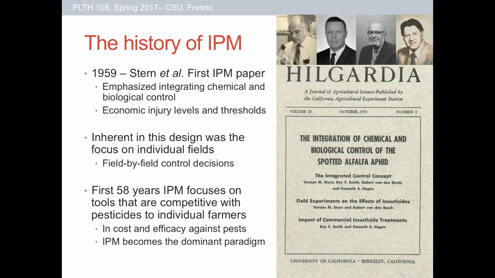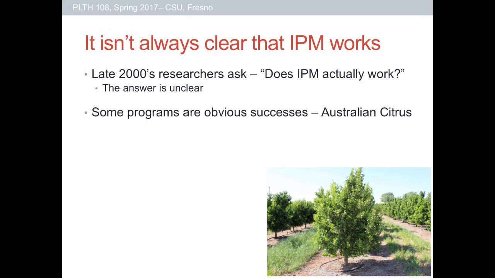This has really been the focus of IPM ever since this publication came out: how can we provide well-established, balanced pest control programs that are on par with chemical sprays, that have the same sort of cost and efficacy against pests as chemicals, while being maybe more stable and reducing the amount of resistance we see. By the late 2000s, researchers started looking at this paradigm and saying, that's great that we've been doing IPM since the 1960s, essentially, but does it actually work?